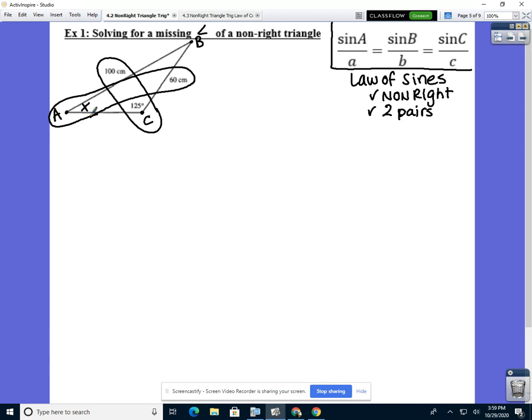So step one is I'm going to set up my law of sines formula to figure it out. And I can use this formula in any way that I want. So it doesn't matter if I have sine A over A or sine C over C or sine B over B. It doesn't matter. So I'll show you what I choose to do. I always put the complete pair first.